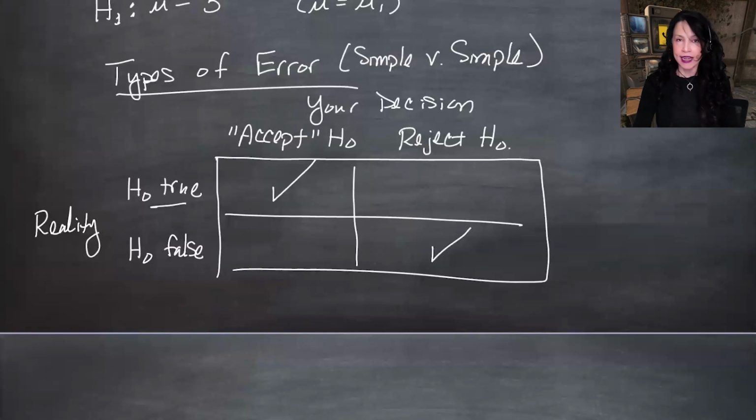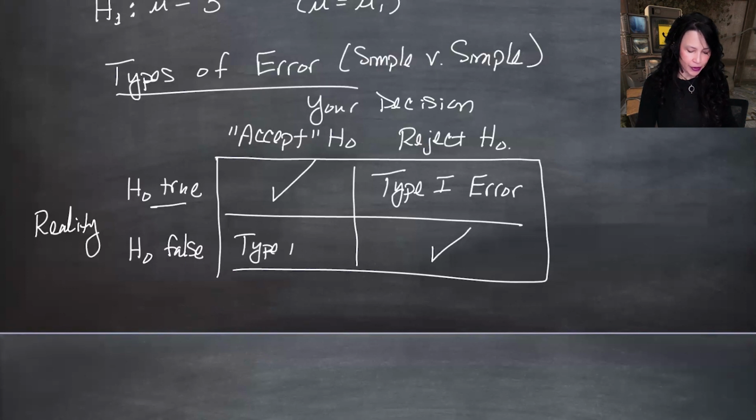And the first mistake in this upper right box is known as a type 1 error. So that's what you get when the null hypothesis is true and you reject it. So you made the mistake. And the other one, guess what, is called a type 2 error.